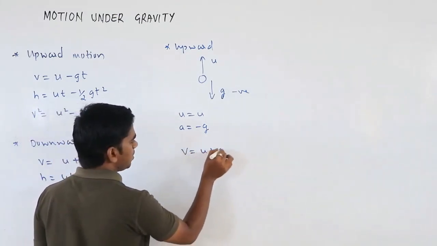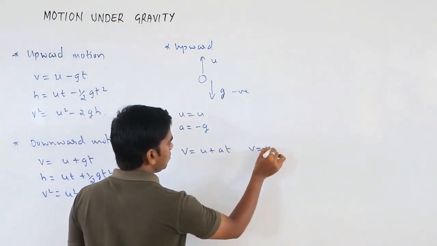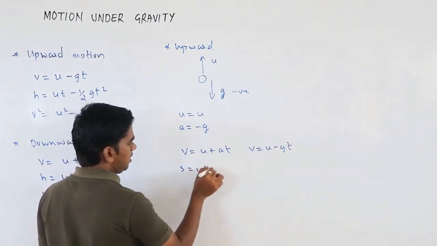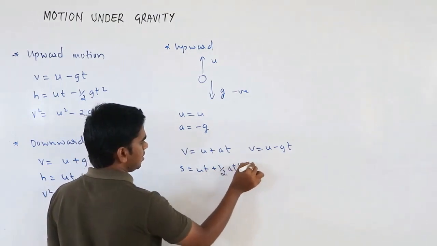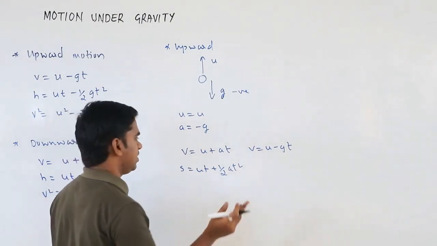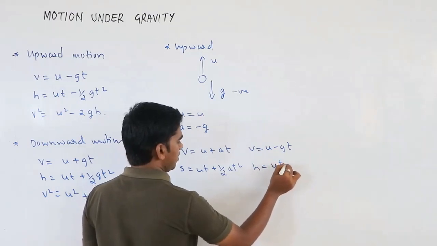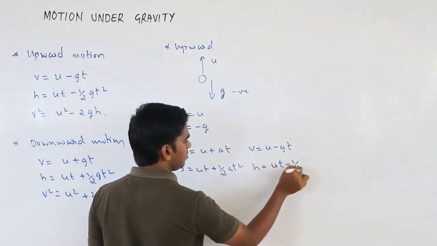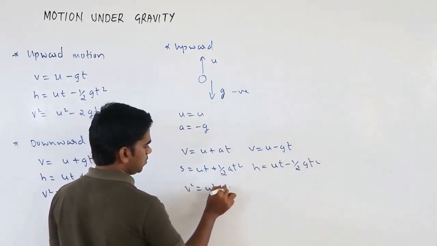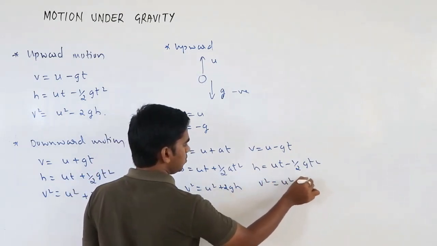v equals u plus a t, with a as minus g, so the equation becomes v equals u minus gt. s equals ut plus half at square, with s as h, so h equals ut minus half gt square. v square equals u square plus 2as becomes v square equals u square minus 2gh.